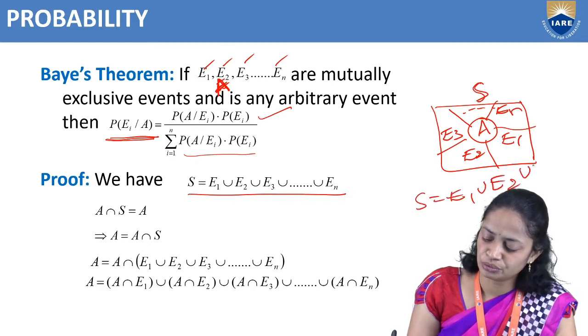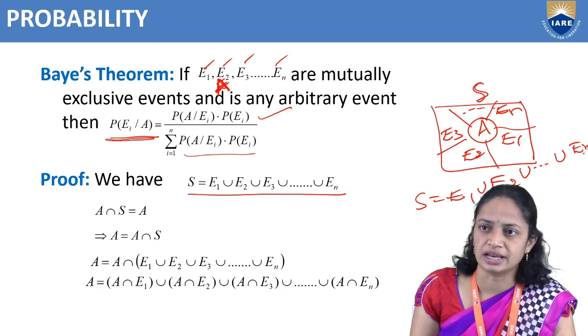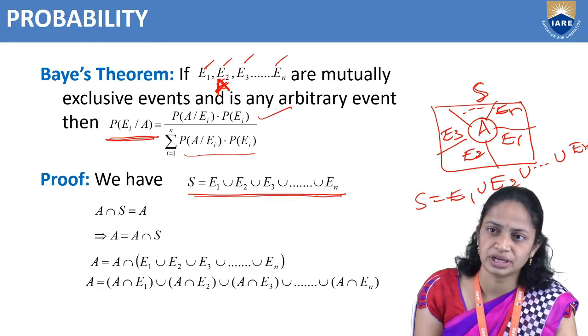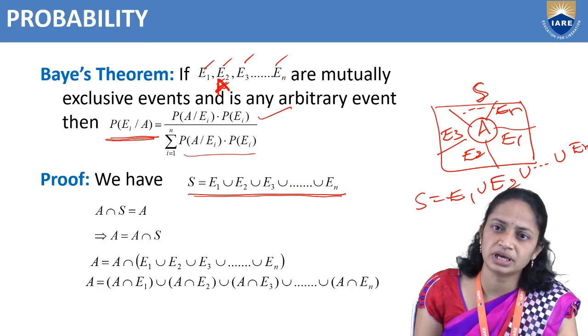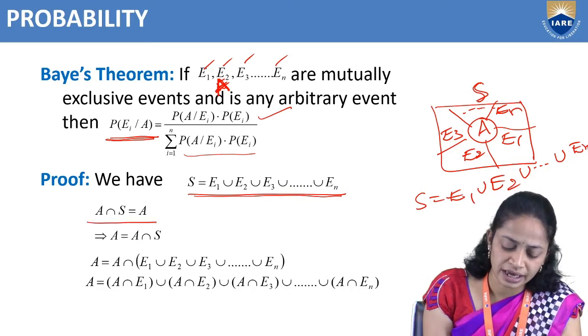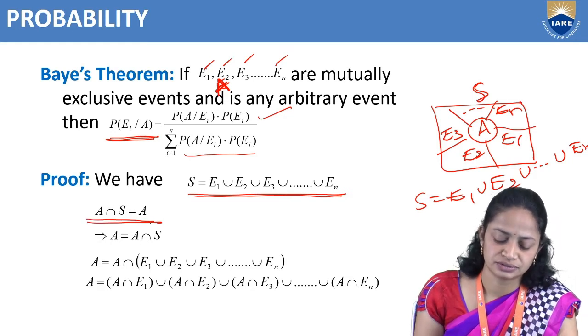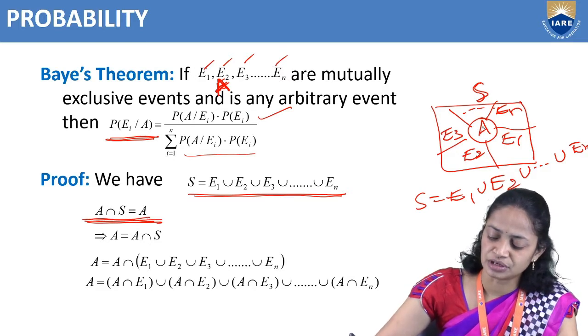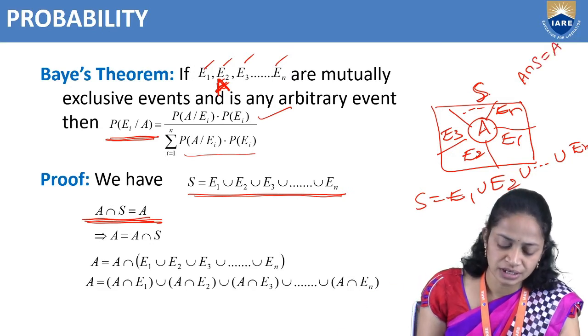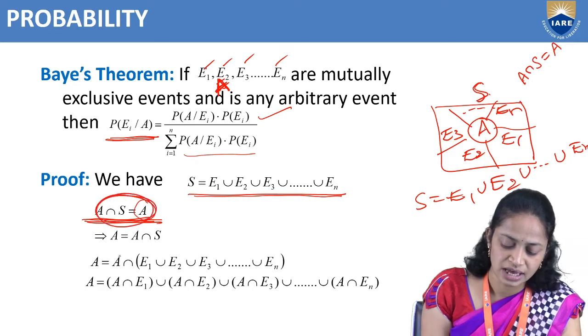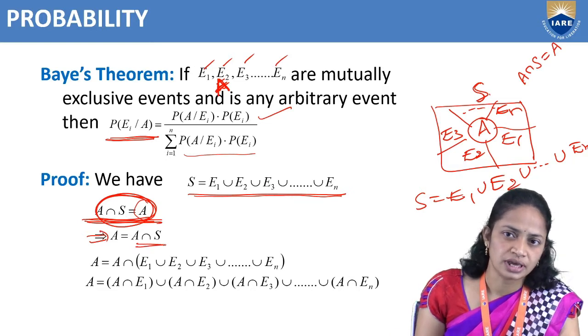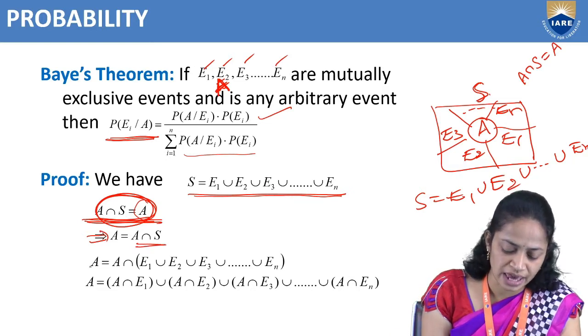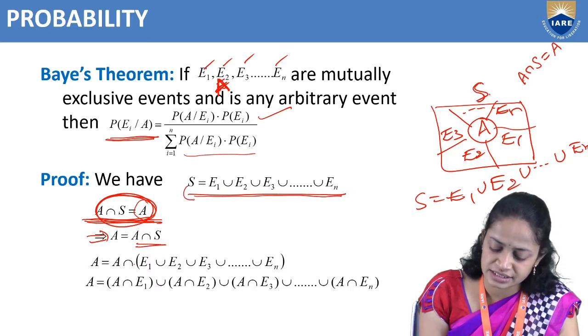Okay, so for the proof, we know that the sample space S equals E1 union E2 union and so on union En. And A intersection S equals A. We know that A intersection S is always equal to A. So from this, A equals A intersection S. What is S?